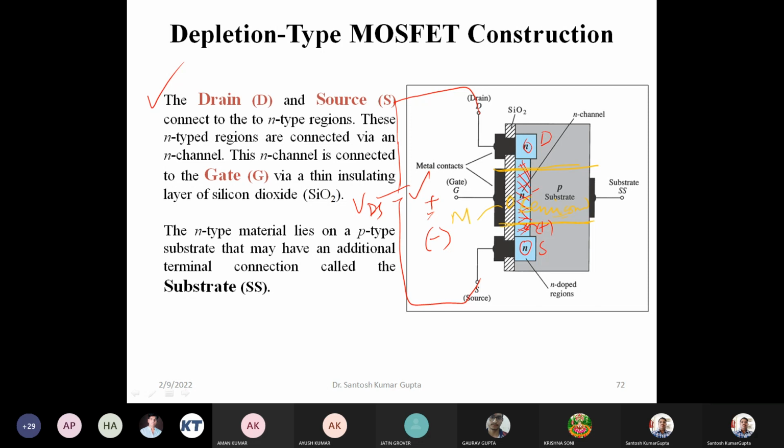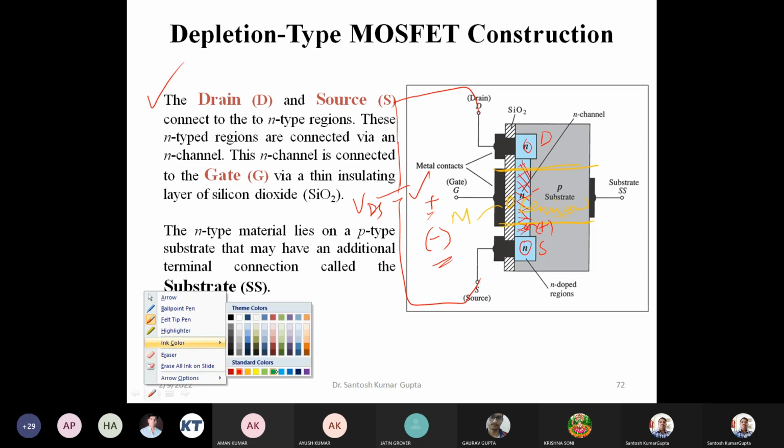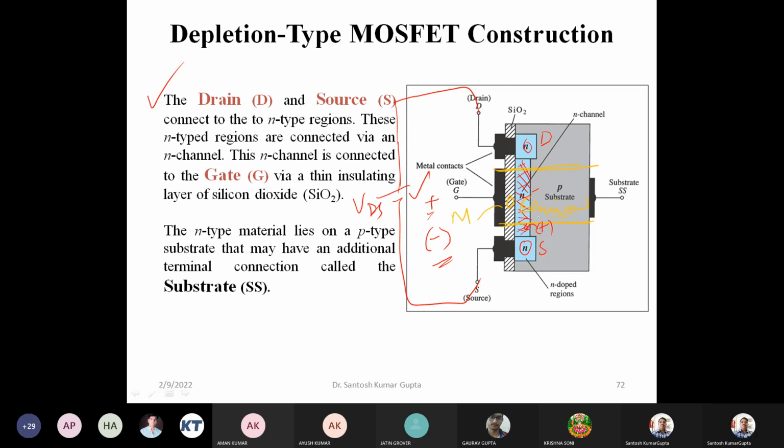On the other hand, if we apply a negative voltage on the gate, then it gives a negative charge on the gate, and an equal and opposite positive charge will appear here. This positive charge is going to come from the substrate. Positive charge is nothing but the holes.